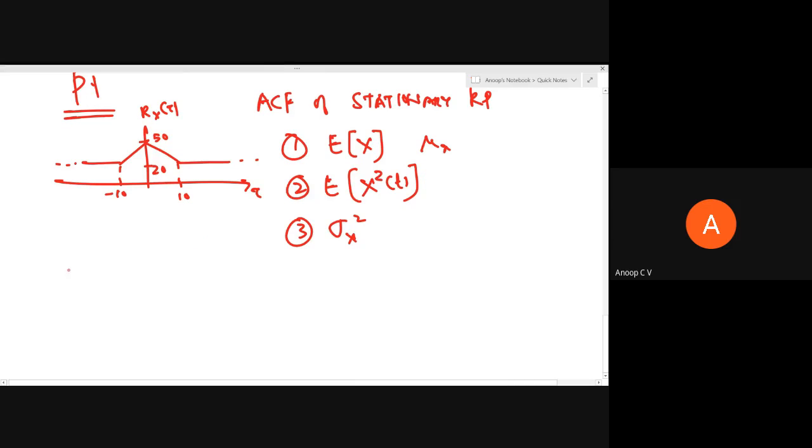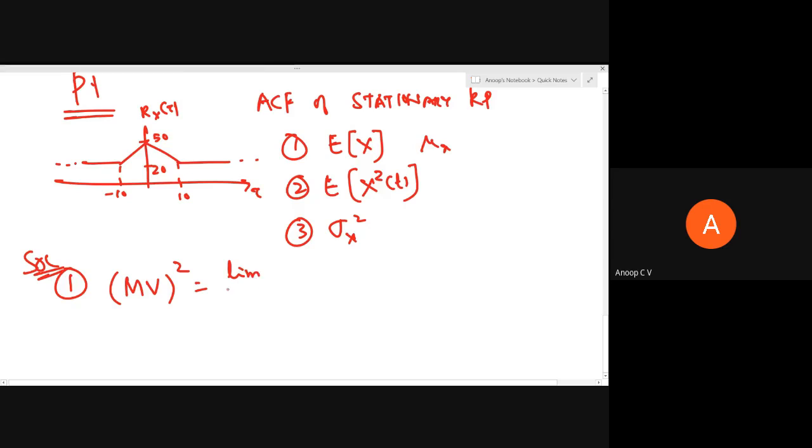So I'll first give the solution. For the first question, from the properties of our autocorrelation function, mean value square, can anyone tell me what is the mean value square by property of the autocorrelation function?